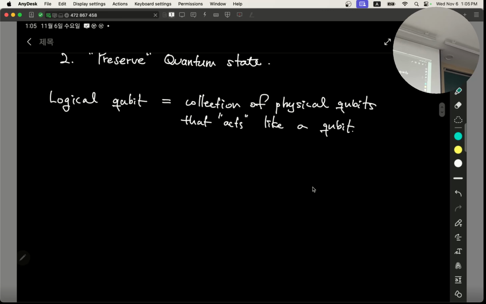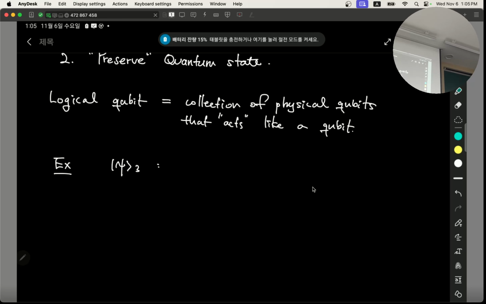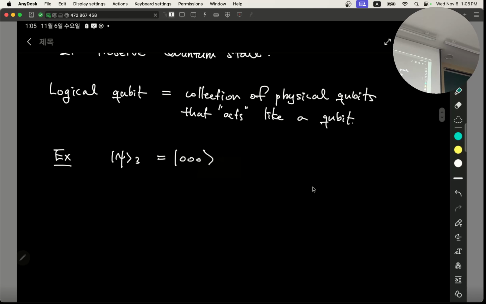So think about it this way. If I take 3 qubits and I want to simply store the information of a 0 qubit, if it's 0 0 0, we call it logical 0.